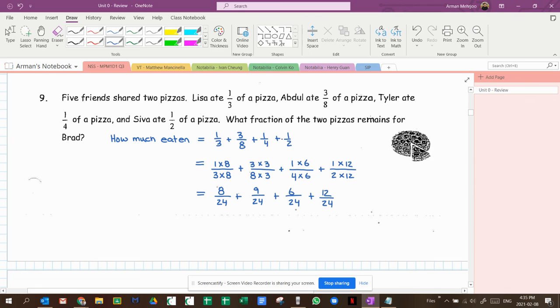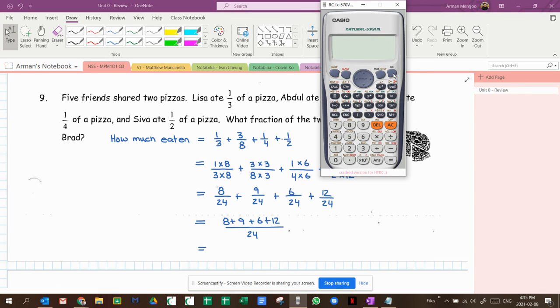And now that all of these have the same denominator, I can basically add them all up by combining them. So 8 plus 9 plus 6 plus 12 is 35.